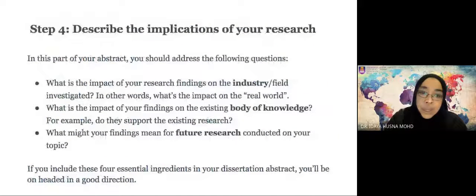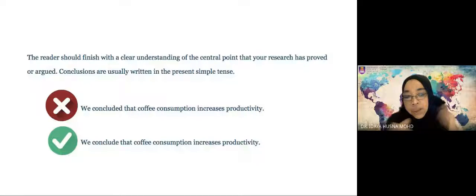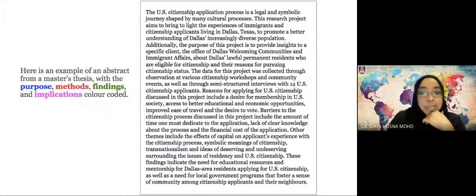For the implications, conclusions are usually written in the present simple tense. For example, we conclude that coffee consumption increases productivity, rather than saying we concluded that coffee consumption increases productivity. Does this help?